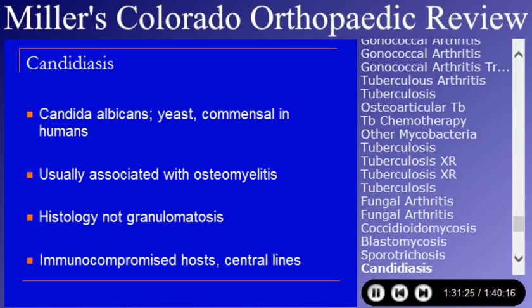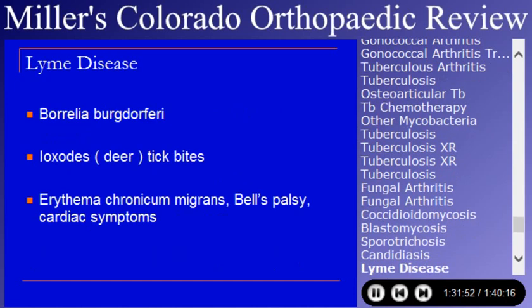Candida is the common bug. It is relatively common in big hospitals with sick patients associated with immunocompromised host and central lines. It is not a granulomatous disease like the other fungal diseases are, but it is stainable, and in the right person should be something that crosses your mind.